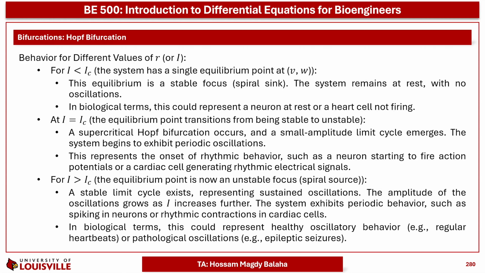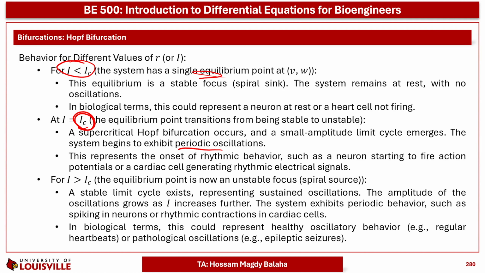So the behavior for the different values of R, which here is I, the external stimulation: at the beginning, the system has a single equilibrium point at V and W, where I is below the critical point, and there are no oscillations, and we can say the system remains at rest. But at the critical point, the equilibrium point transitions from being stable to unstable, and the system begins to exhibit a periodic oscillation or rhythmic behavior.